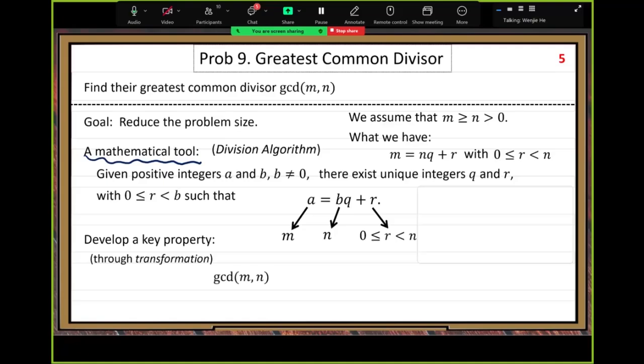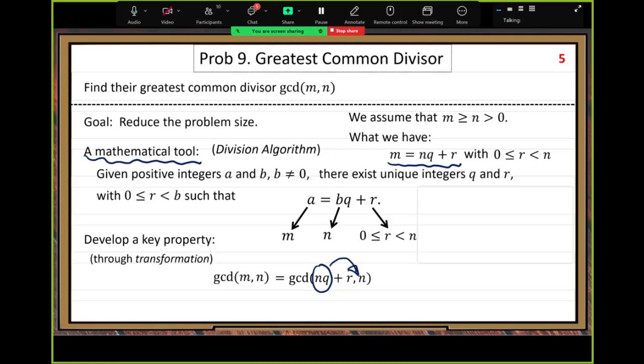Now we consider GCD of M and N, and we can replace M by NQ plus R. So now you have this NQ term, that's the Q multiple of N. Can you do some reduction operation related to that NQ term?